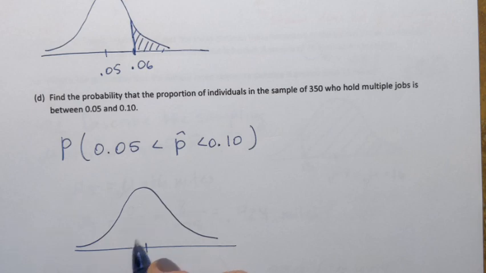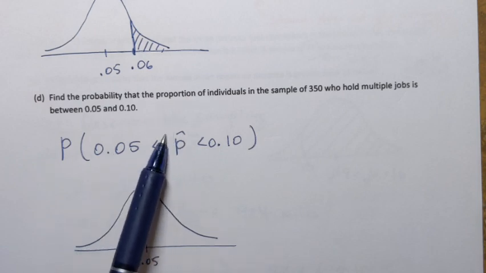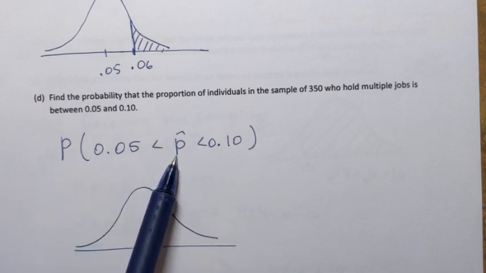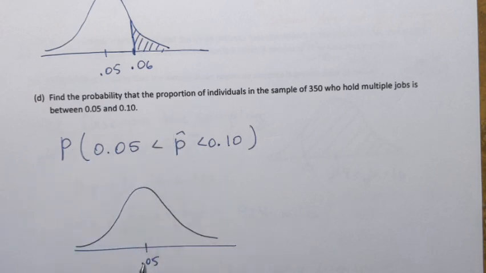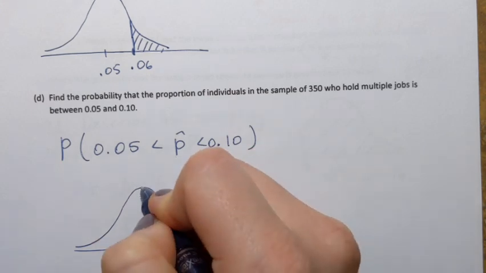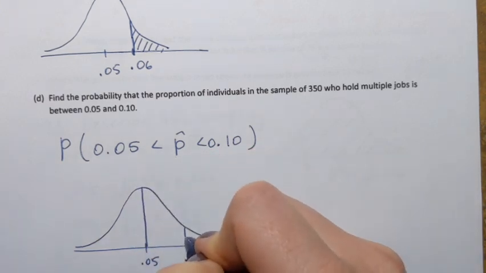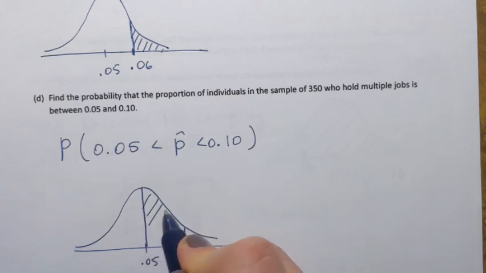Mean is 0.05. But here we want to find the probability that the sample proportion is between those numbers. 0.05 is here already, and then 0.10 is, let's say, right here. So that probability corresponds to the area on the normal curve that's between 0.05 and 0.10.